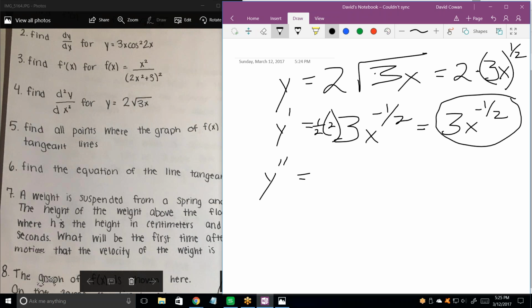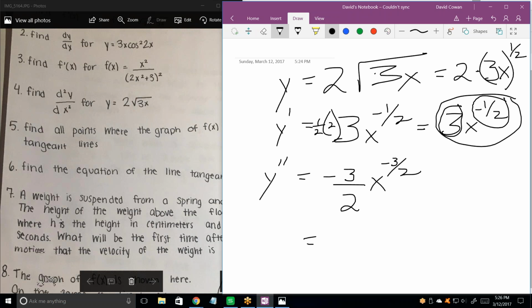So negative 1/2 times 3x. Okay, so the way I always do derivatives is I take that and I multiply it by the coefficient. That's the first thing I'm going to write. Minus 3/2. And then x, and then I take away one from the exponent to give me that. Okay? Now, put it in an answer with a radical sign.